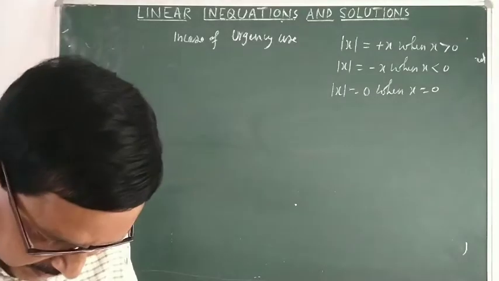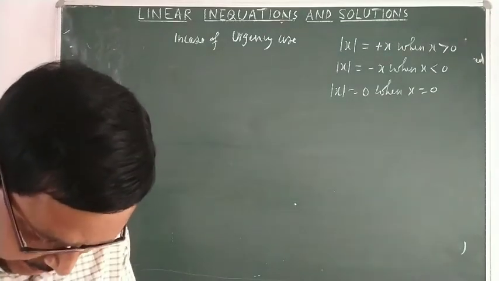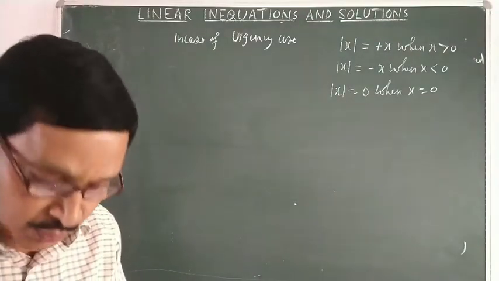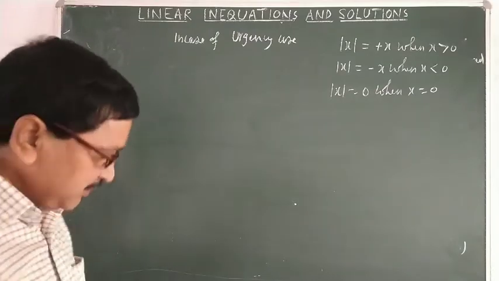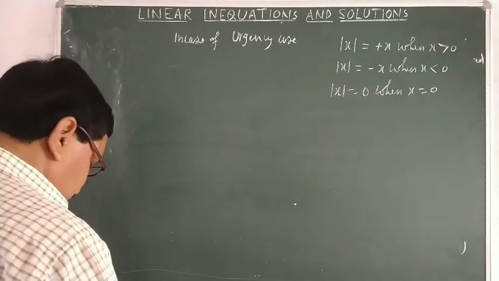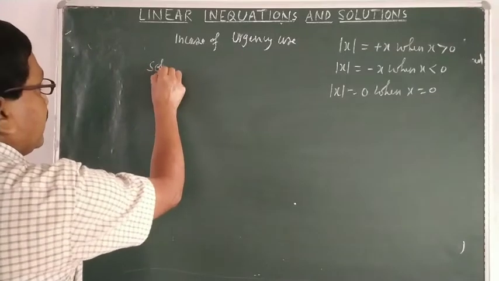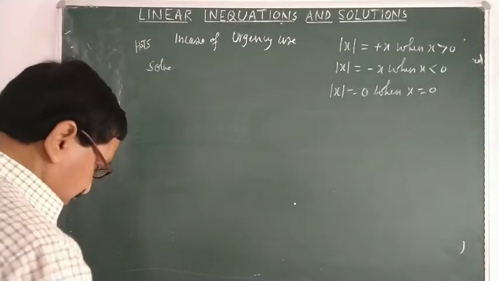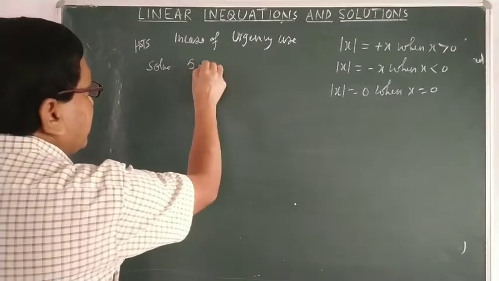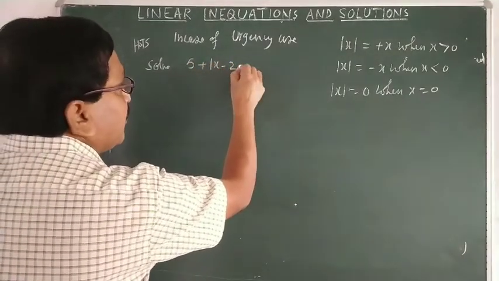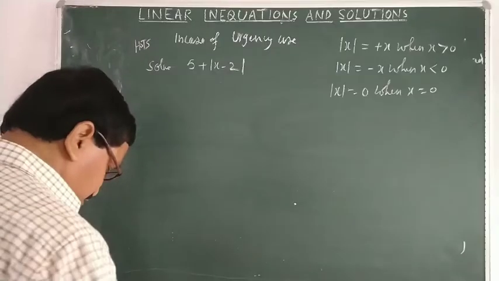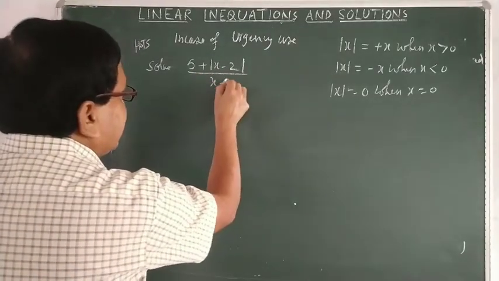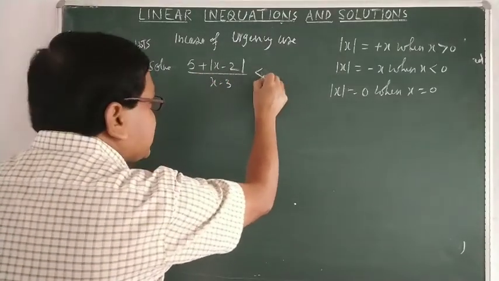In case of urgency you will apply this, not everywhere. So I am going to take one example of this kind. This is a higher order thinking problem. Solve: 5 plus modulus of x minus 2, divided by x minus 3, is less than 5.